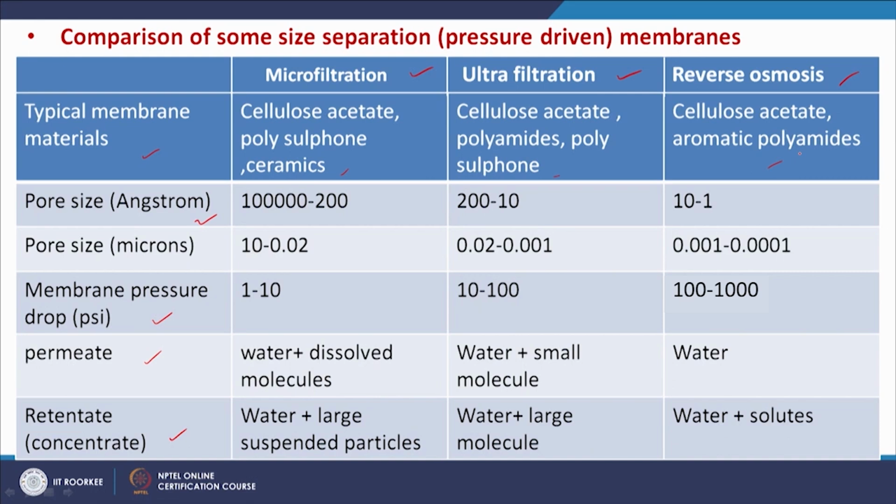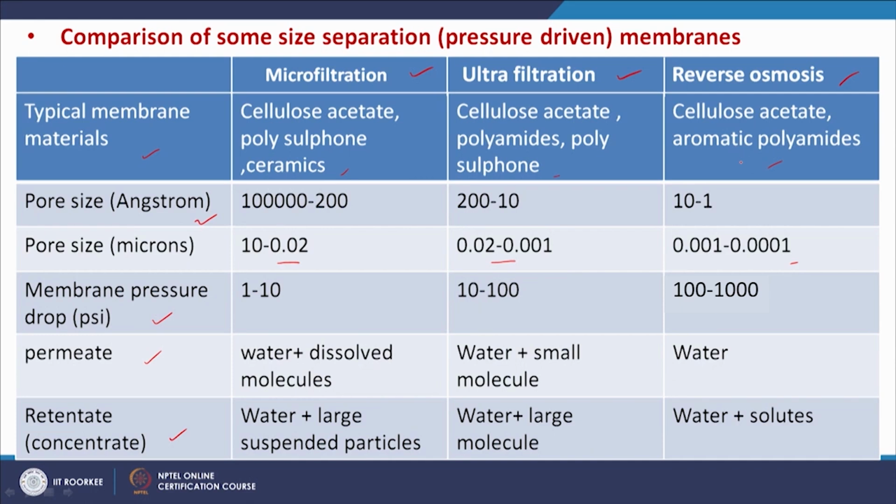That means the materials are very similar, but the pore size is different. In microfiltration it is 10 to 0.02 micron, in ultrafiltration 0.02 to 0.001 micrometer, and in reverse osmosis 0.001 to 0.0001 micrometer. So, we are seeing that even very small particles, molecules or pollutants can be arrested or separated in case of RO.